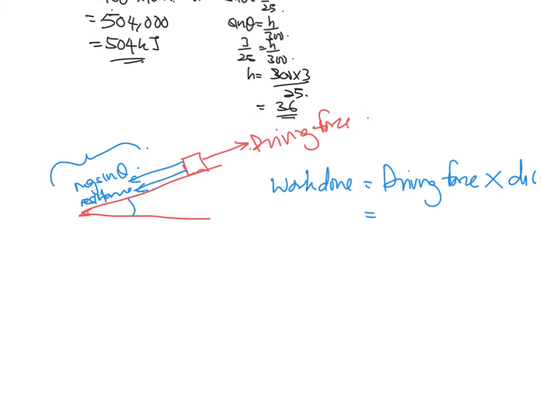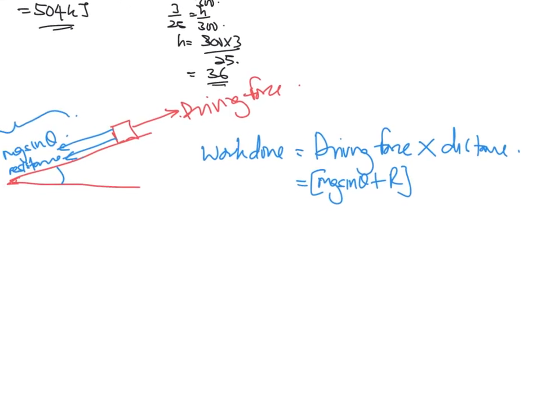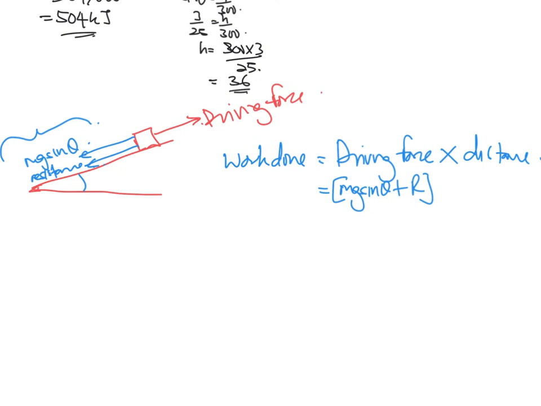So mg sine theta plus the resistance, they are the driving force. We assume that it is in equilibrium. Even if it's not, then we have an acceleration when it moves forward, and that would be the net force. We are not worried about the net force. I just want to know the driving force.